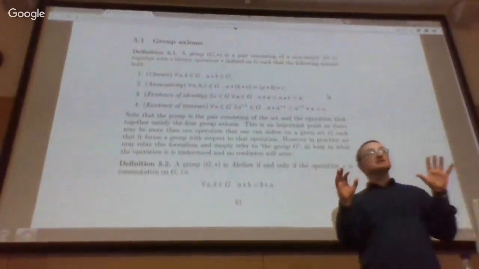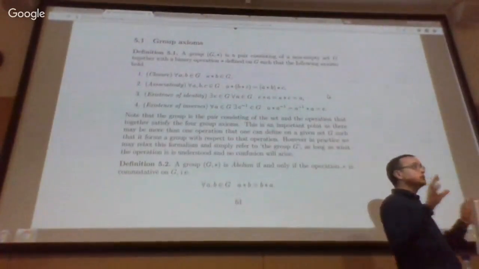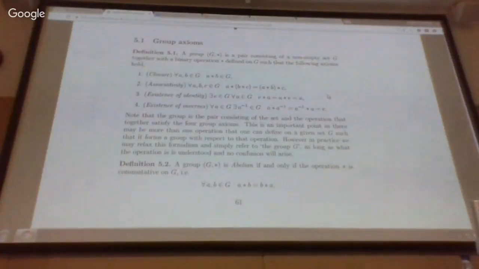If you have matrices of the same order, the same dimension, you can add them together. Addition of matrices is a binary operation. It's an operation that takes two matrices, combines them together in some mathematically meaningful way, and gives you a third matrix.